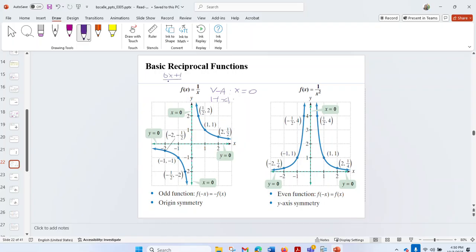My numerator does not have an x, so I can write down 0x plus 1. So y will be 0 over 1, or 0. So y equal to 0 is your horizontal asymptote. All right, so you can match it this way right here, very similar to this one.